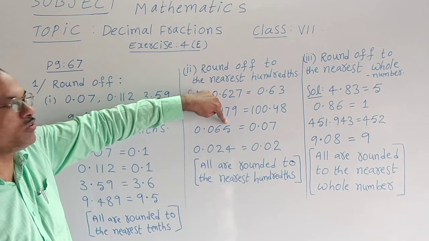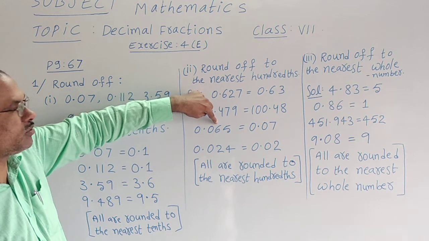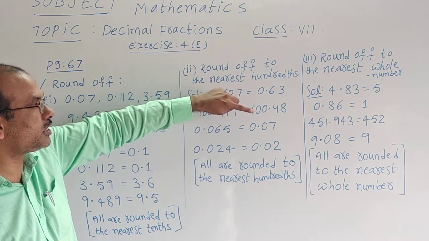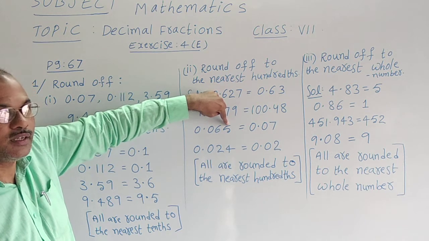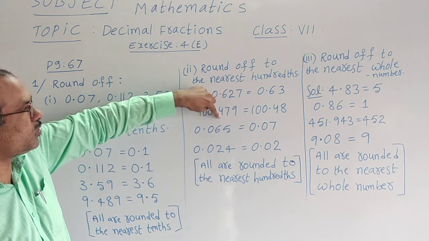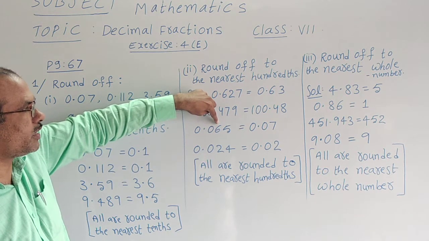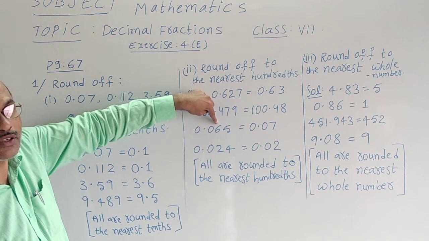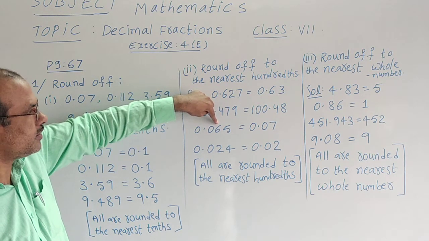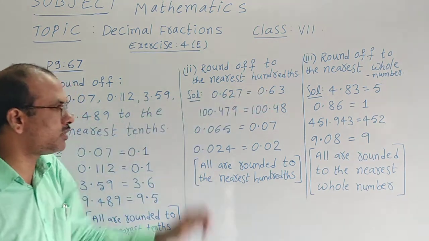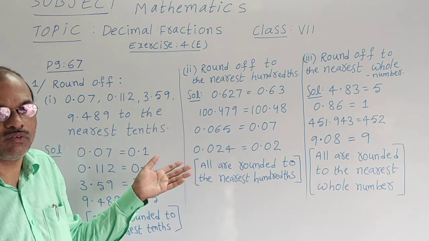When we want to remove the digit which is equal to 5 or more than 5, 1 should be given to the previous, then only the digit can be removed. So when this is equal to 5 and we want to remove, 1 should be given to it. Then this 6 is raised to the 7 by adding 1. Yes, no? When we add 1 to the 6, it will raise it to the 7. That's why 0.07. That is the way we have to think and write the answer. I hope that is clear for you.